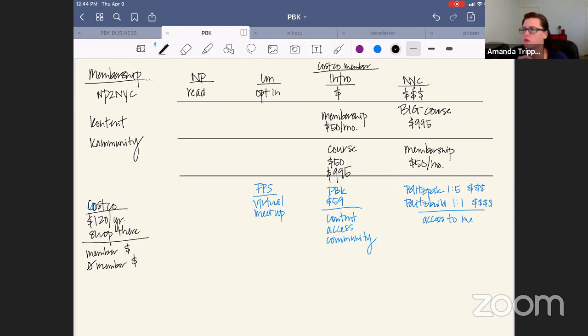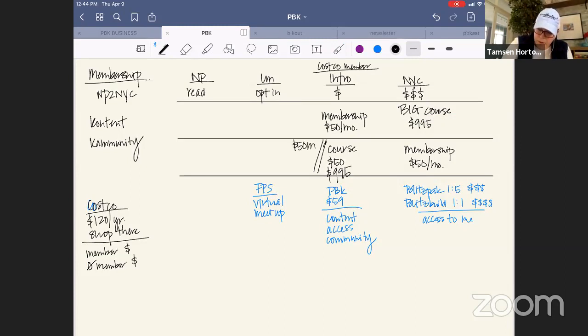So if you have a Costco membership, think of that as a layer. It is just layering over, like a coupon would. If my members pay X price and non-members pay a different price, it would work best in this instance. I'd have a $50 member price and a $100 regular price.